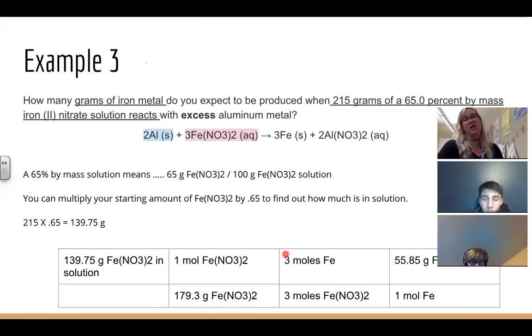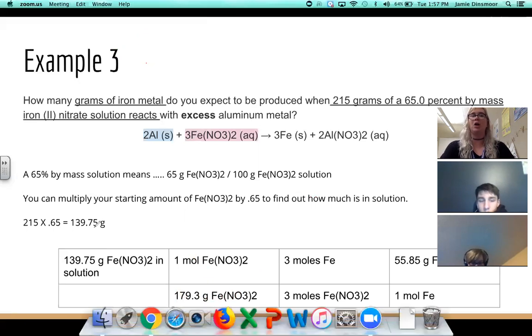So you would do 16 times 6 plus nitrogen times 2 plus iron. That's how you get 179.3. Again, this is a molar mass, so this is grams per mole. Great, we're already well on our way to eliminating grams from our units. Cool, we're in moles. Everyone's happy we're in moles.